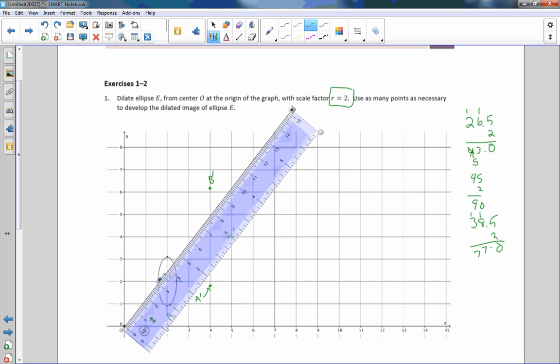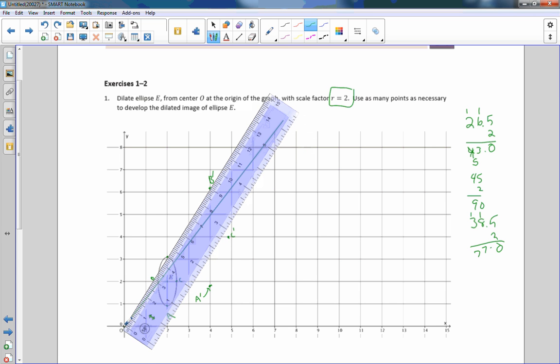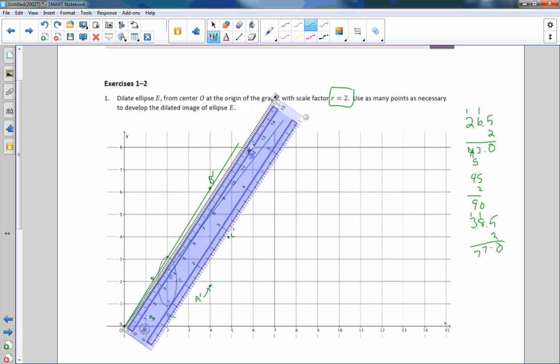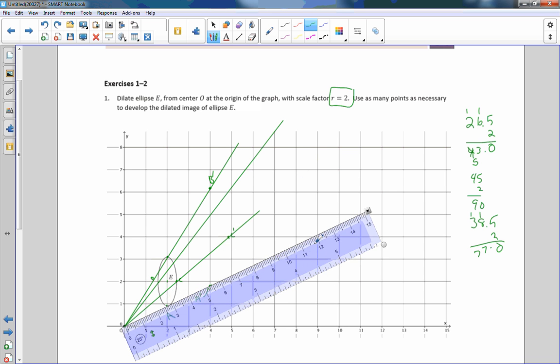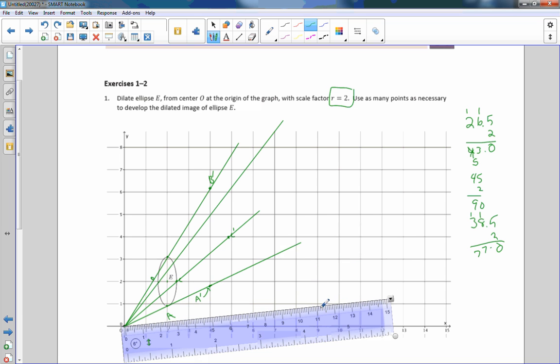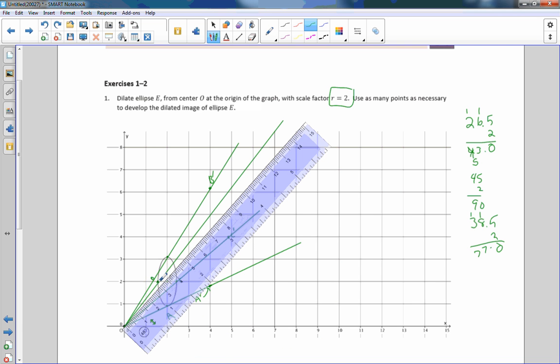Then I'm going to measure the other side right here, and that's going to be D. I haven't been drawing my line, so let me do that. Okay, so now I'm going to draw D prime, where D is right here.